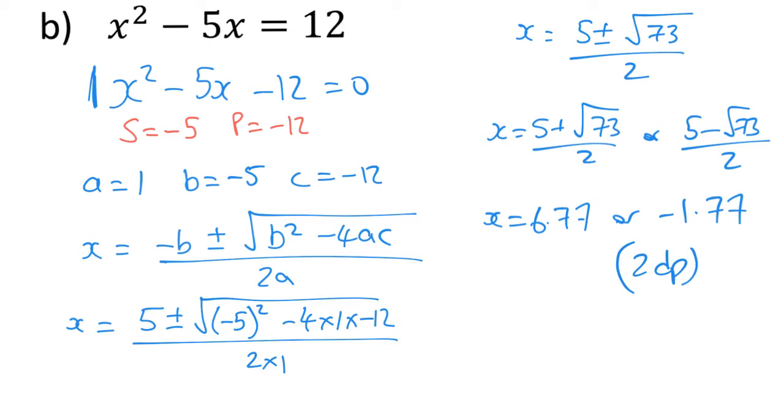If you weren't sure where the 73 comes from, the square of minus 5 is 25, and then minus 4 times 1 times minus 12 is plus 48, and then 25 plus 48 is 73.